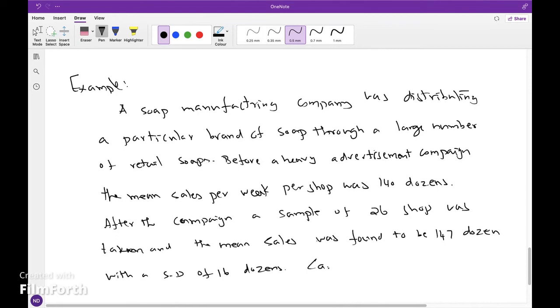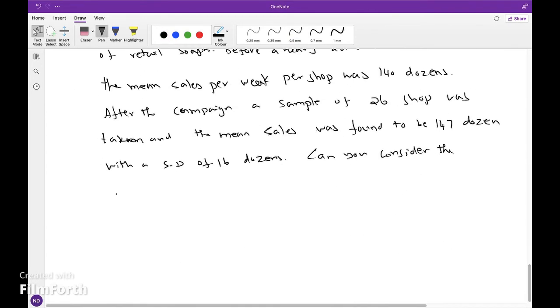Can you consider the advertisement effective?